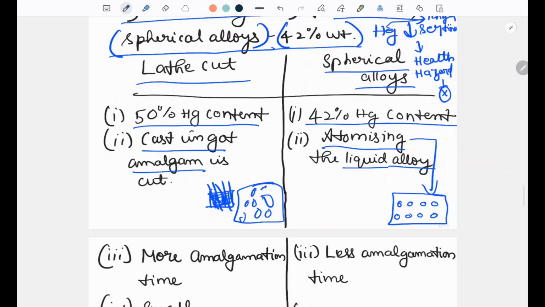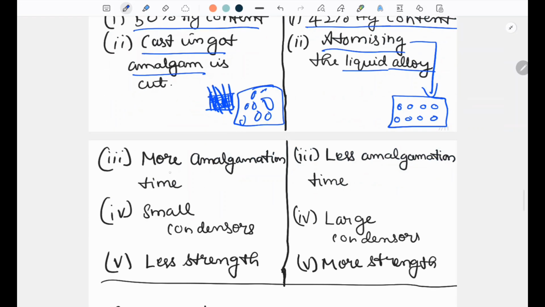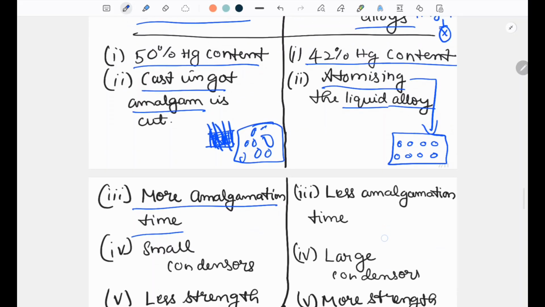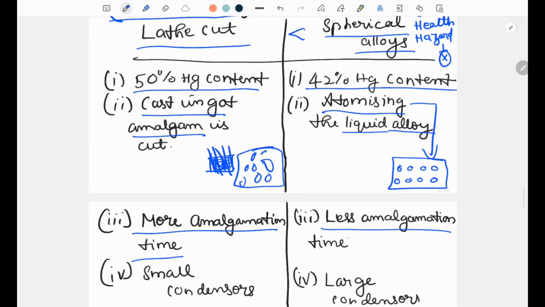When comparing spherical and lathe cut alloys, spherical alloys are better than lathe cut. Lathe cut requires more amalgamation time. We have to keep working on it during trituration, whereas spherical alloys require less amalgamation time.